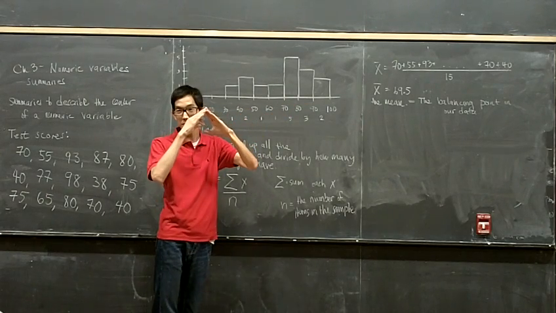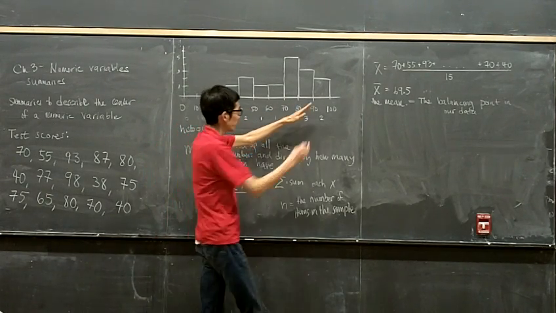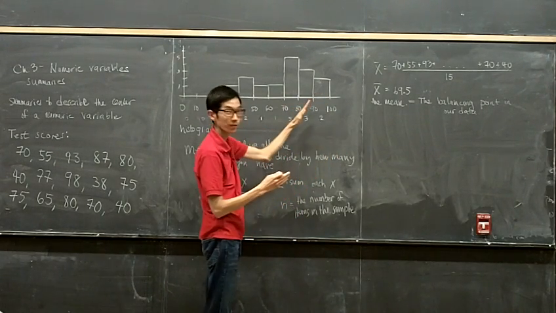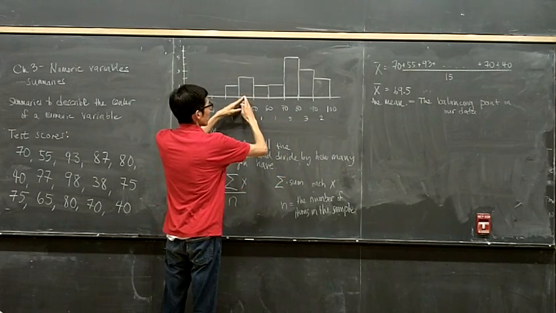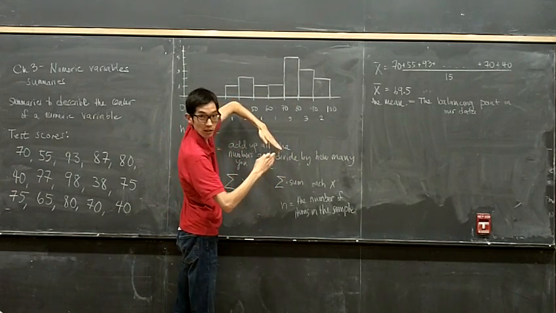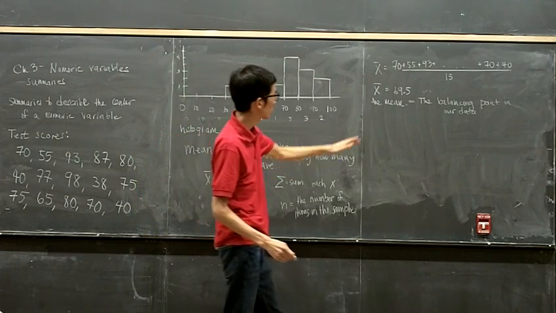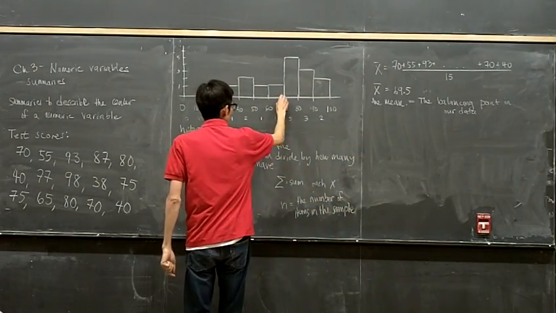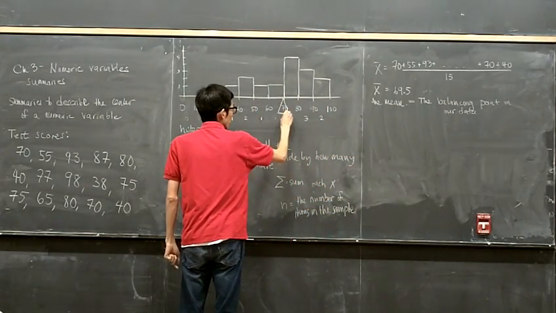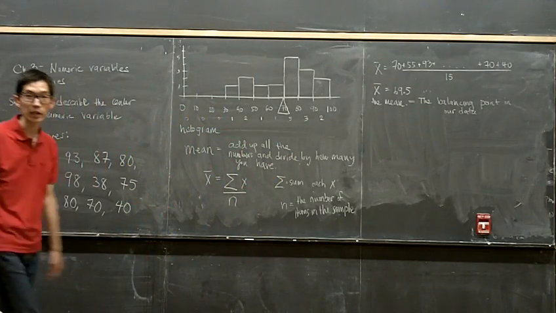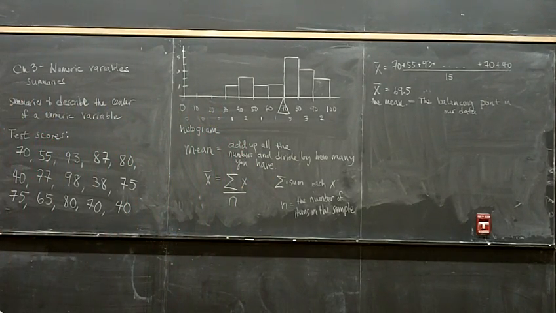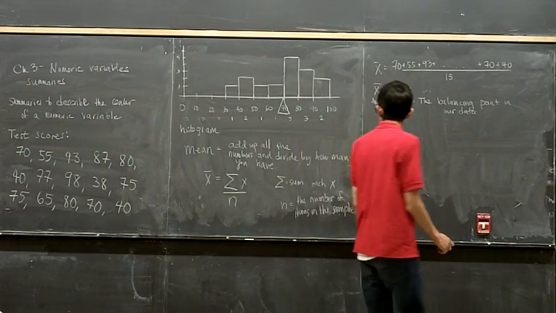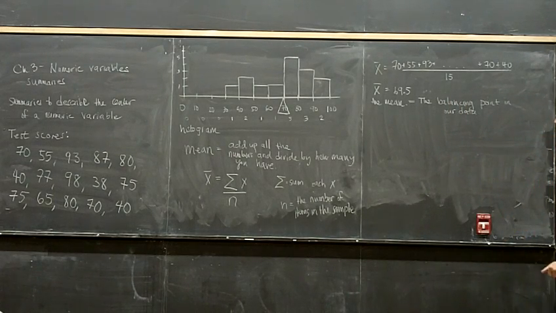Where would I put the fulcrum or the triangle here? Well, if I put the triangle over here, the whole thing's going to fall like this. And if I put the balancing point over here, the whole thing's going to fall like this. So if I put the fulcrum or the balance point at the mean, 69.5, so right around here, that's where it's going to stay in balance. So the balance point goes at the mean.